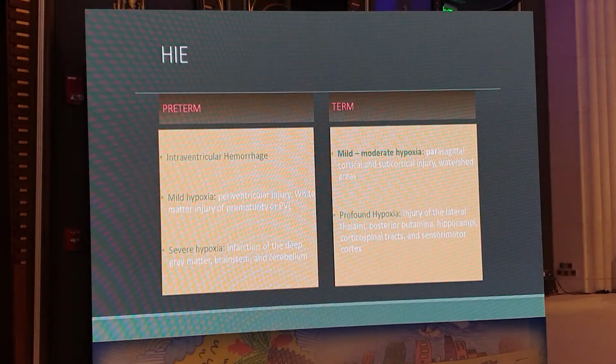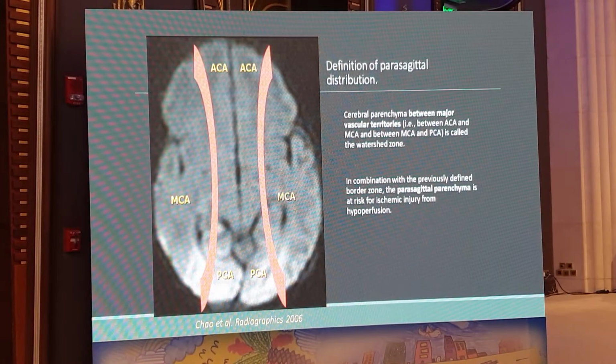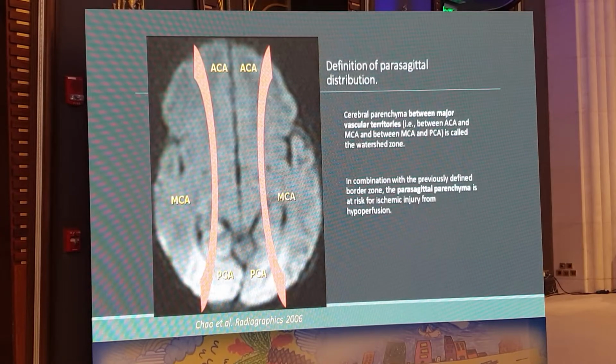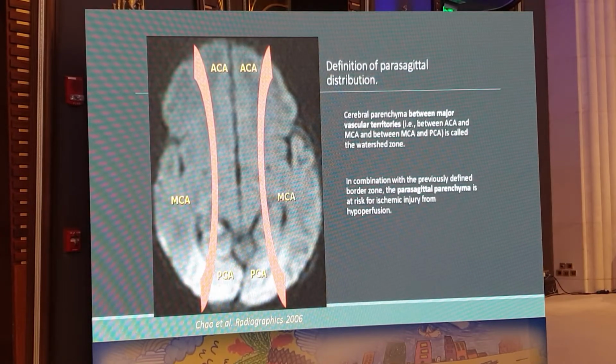In turn, we'll talk about mild to moderate hypoxia related HIE and profound hypoxia. After an event of mild or moderate hypoxia or hypotension, the affected area in the term newborn brain will also be the watershed area.